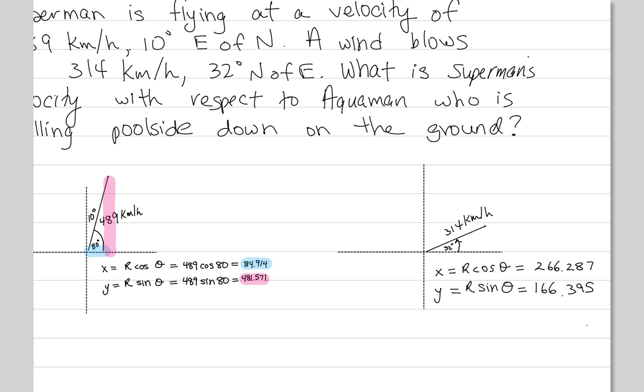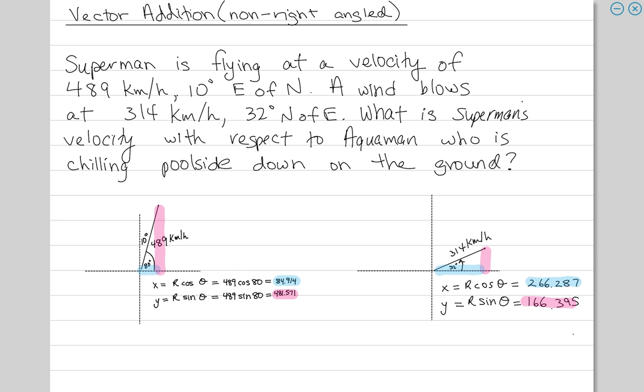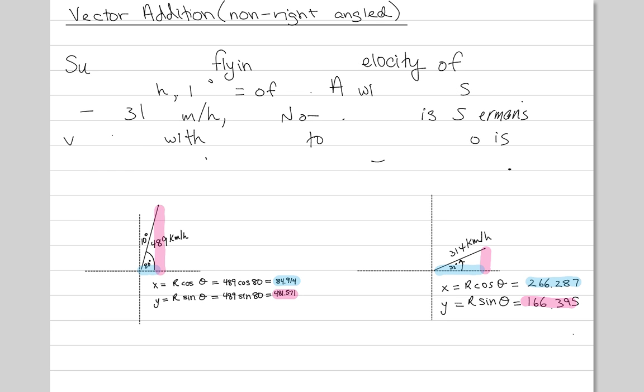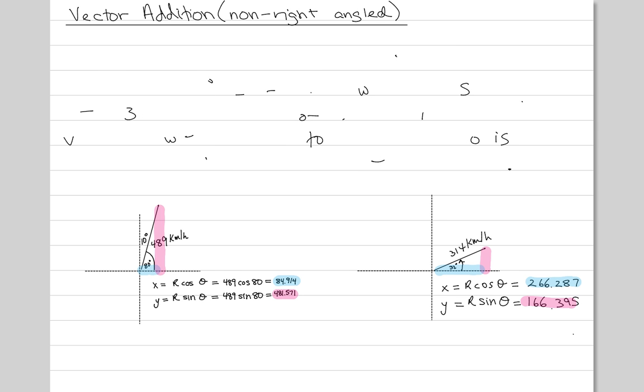I'll highlight them again to demonstrate what each of them represents. The 166 is the vertical component, and the 266 is the horizontal component. I'm just going to erase the question above so that I can add them together while keeping it on the screen.